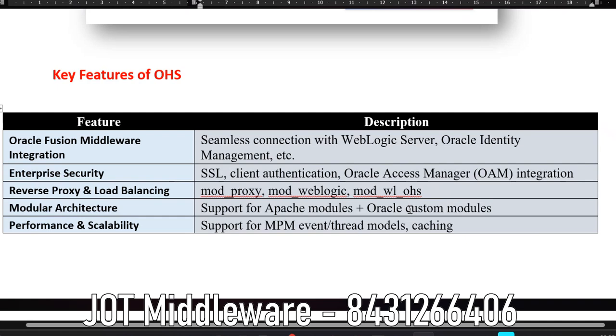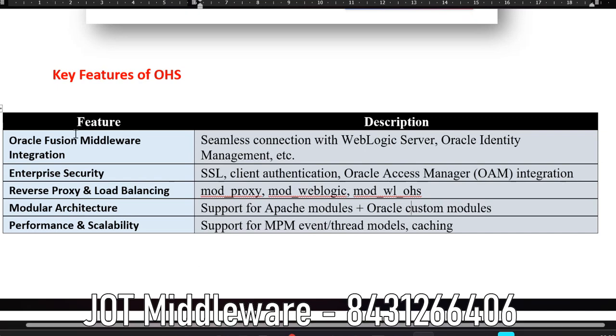It's an Oracle product where you can create the identities, the users and groups and all. So OHS can be integrated with Oracle Identity Management for users and groups credentials and WebLogic servers.